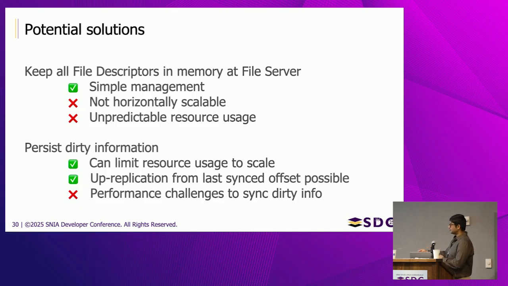And the offset information is even better, because persisting the last synced offset allows us to detect what data the client has actually synced successfully and recover up to that data. So the client can read up to that data, and the rest of the data can be up-replicated from any of the other successfully synced chunks written to any of the other disks, since it's pretty unlikely that this would happen on multiple disks at the same time.